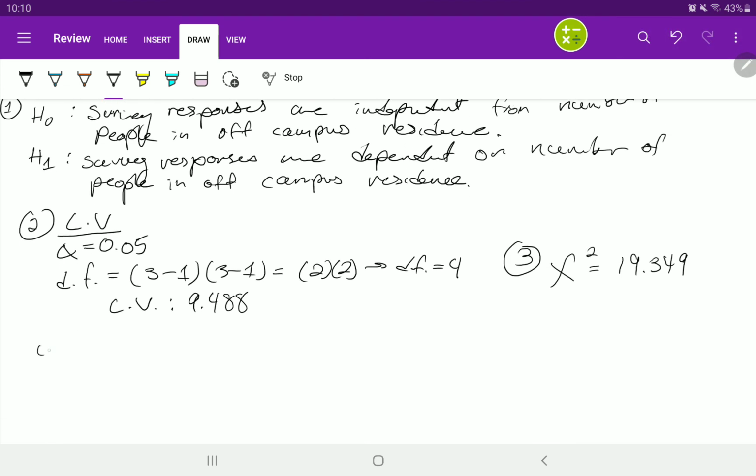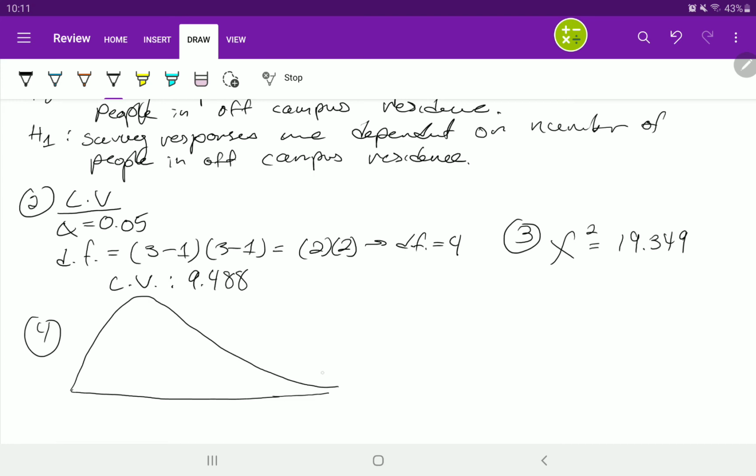Step 4, which is decision time. Drew the wrong curve. My curve is skewed to the right. The critical value is going to be 9.488. Remember, the minimum value for chi-square is 0.